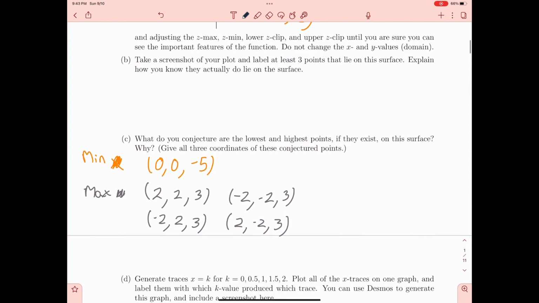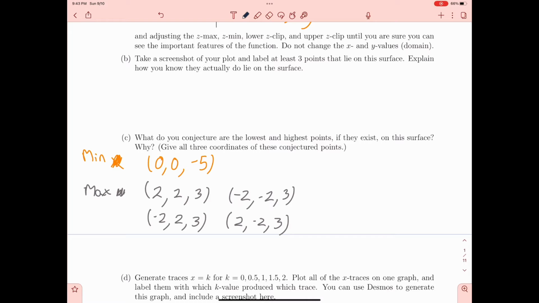So the next part of this is to find out the high and low points of this function. So I hypothesize the min value is (0, 0, negative 5), as if we get more negative than 0, we'd be squaring the numbers, meaning the values would get increasingly positive again.